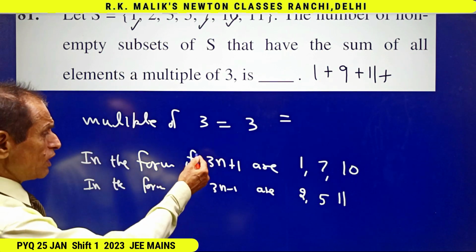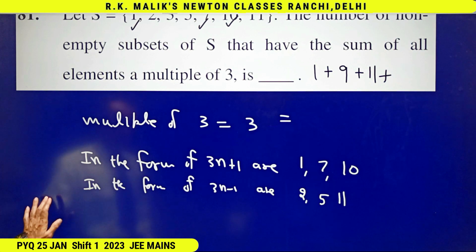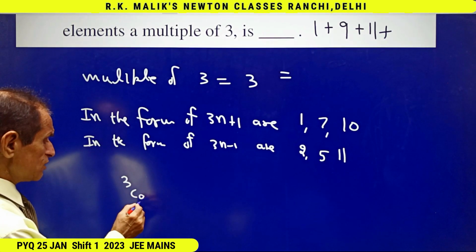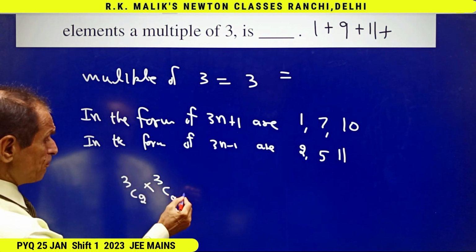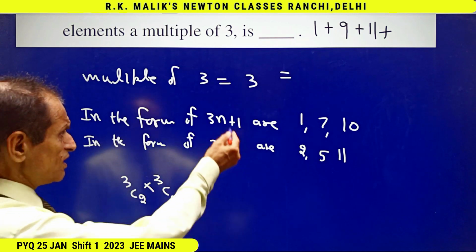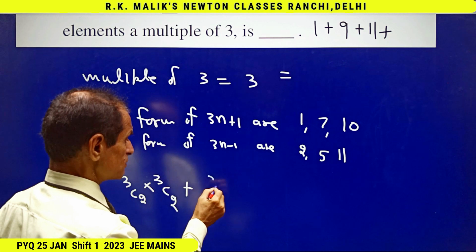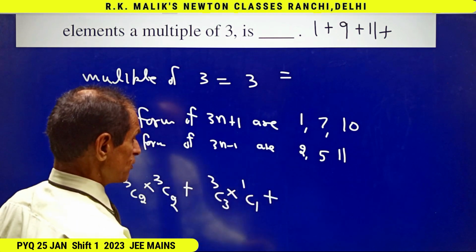First case, when 2 elements are of this type and 2 elements are of this type, number of subsets will be 3c2 into 3c2 plus. Next case, when 3 elements are of this type and 1 element is of this type, that is 3c3 into 1c1.